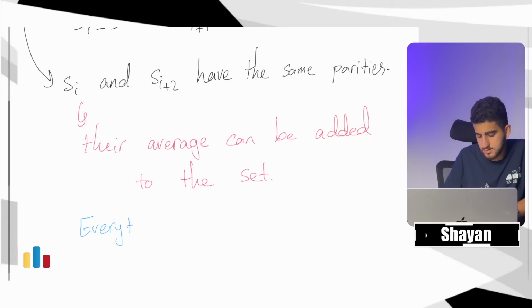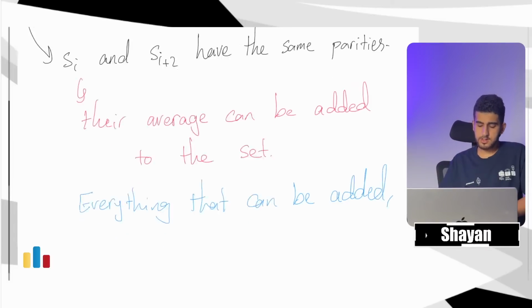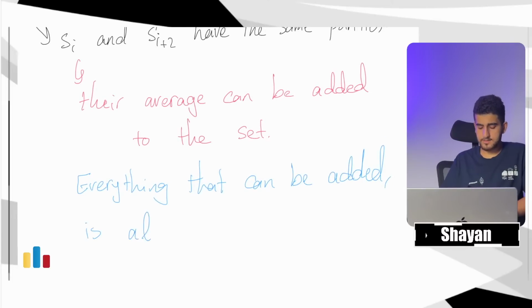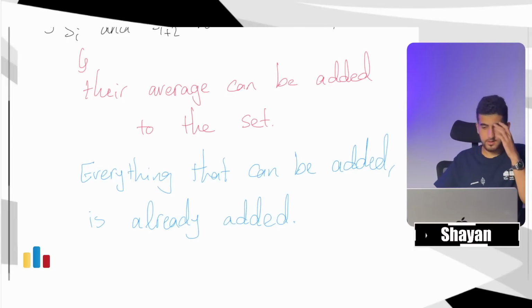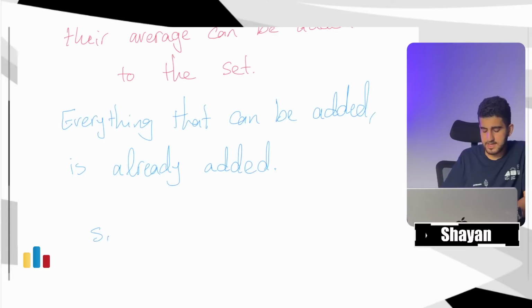Everything that can be added is already added, right? So that means that the average of Si and Si plus 2 is equal to what?